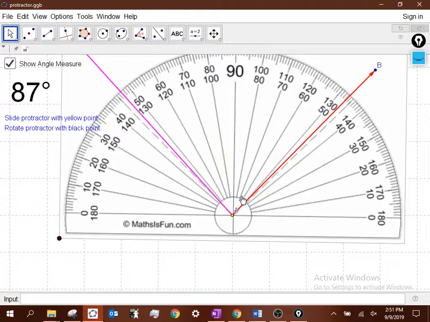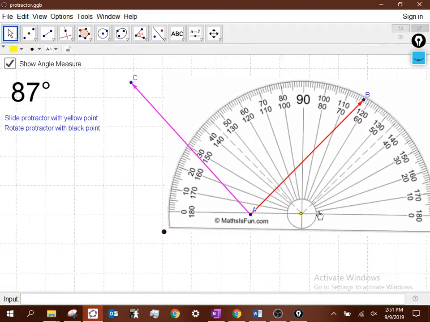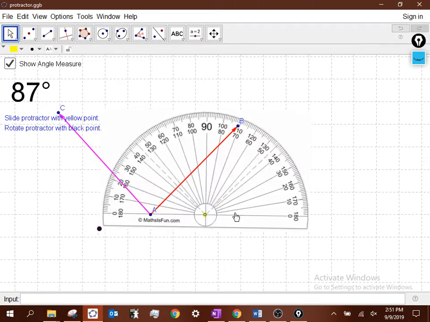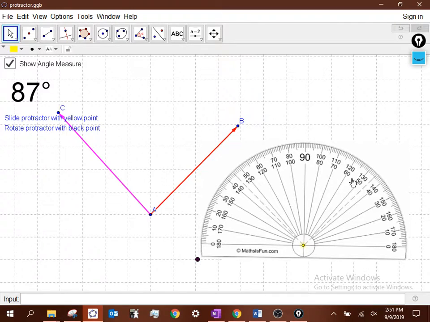Does that make sense? All right, so that protractor postulate creates this tool right here. Okay, that setup is our protractor, generated by the protractor postulate. What it allows us to do is measure the span between any two angles.